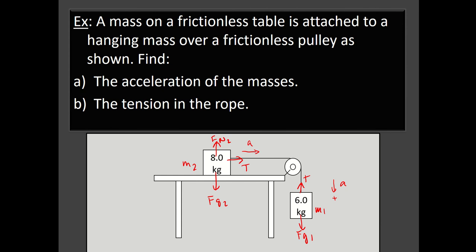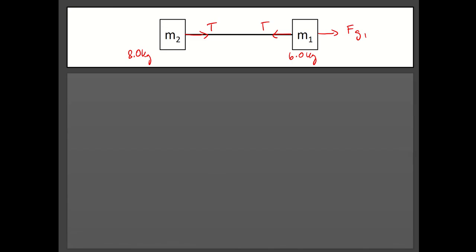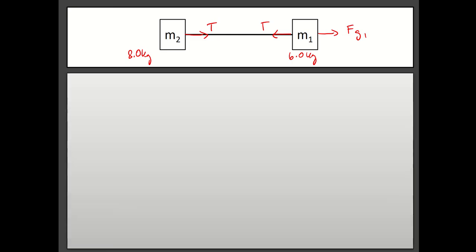Again, we have normal force here. There's no friction in this case, but we do have the normal force for M2, so here we're going to add it as well. Normal force, and force of gravity in this case is this way.